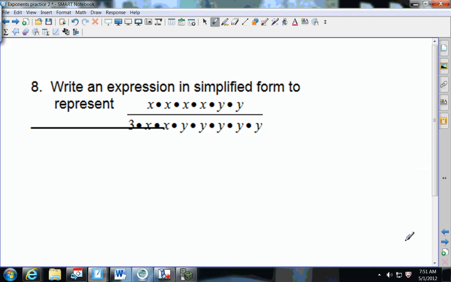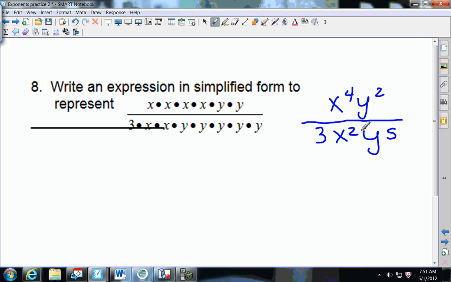On this one, the first thing I see, one way I could write this, which is not the complete simplified form, but 1, 2, 3, 4. That's x to the 4th, y to the 2nd power. All over 3, and then x squared, and 1, 2, 3, 4, 5, y to the 5th.